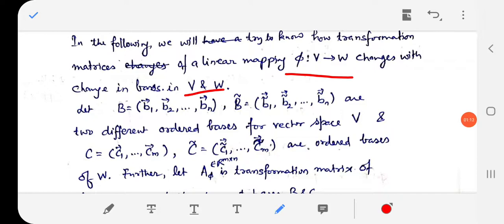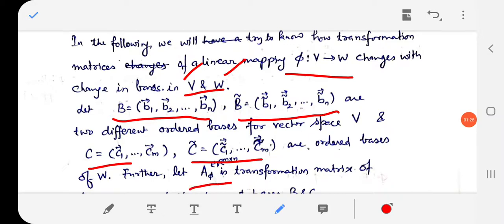But here the case is that you have two bases of V, and you have two bases for the output vector space W. Let A phi be the transformation matrix when we are going from B to C. So we have the basis B in V, and that particular coordinate we have taken, and then we mapped it to W with respect to the coordinates given with respect to this particular basis.